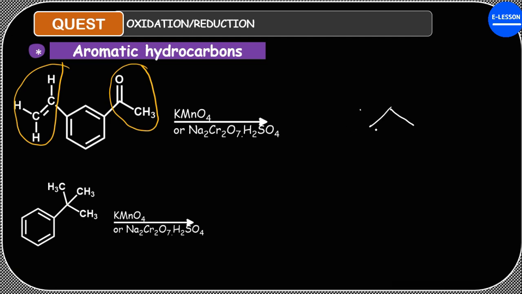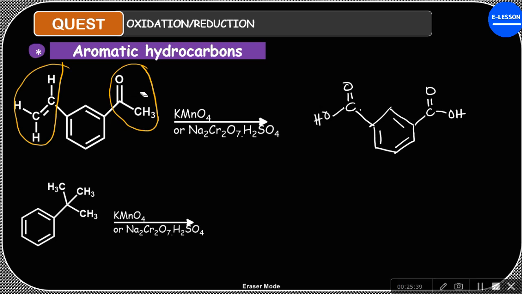No matter how long it is, it must always give you benzoic acid at both sides. So this will give us this, and here will become C double bond O, here is OH, right? And then here will still give us C double bond O, and here is OH. Do you know why? Because at this carbon, this position, look at it very well.